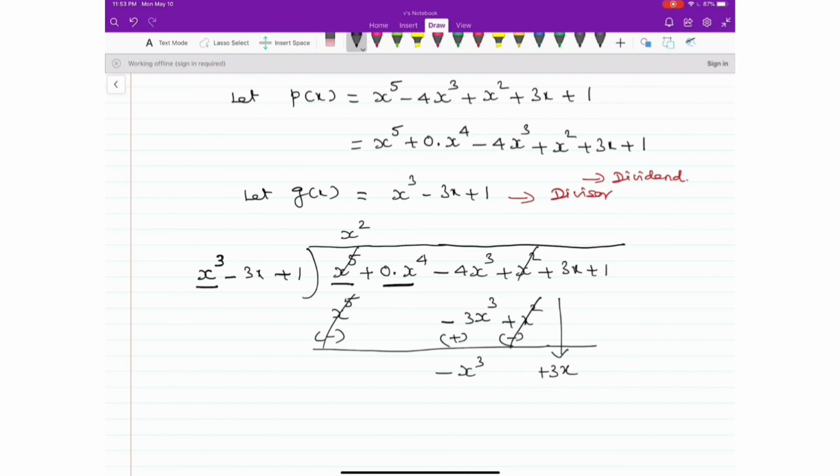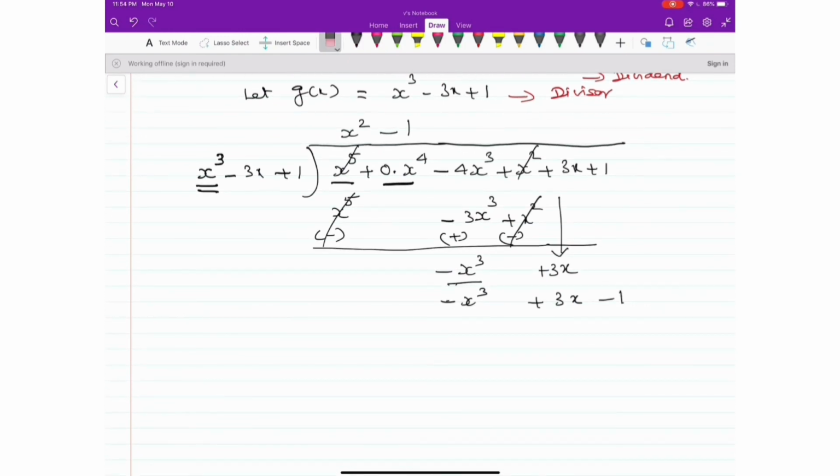Now I need minus x cube, but I am having here plus x cube. So let me multiply it by minus 1. What will happen? x cube into minus 1 is minus x cube. Then minus 3x into minus 1 will be plus 3x. Then plus 1 into minus 1 will give me minus 1.